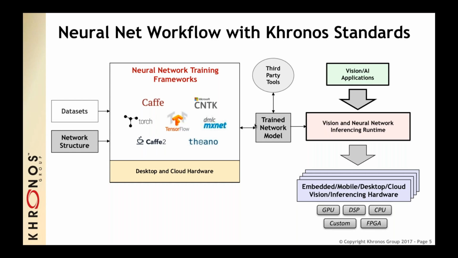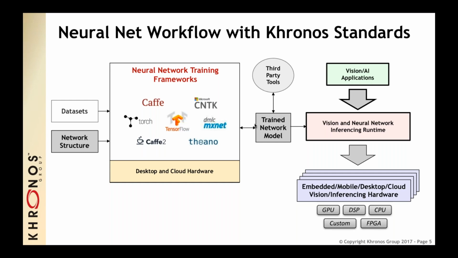You pick a data set, pick a structure, and then there are a lot of choices to pick a training framework. I think if you Google it, you'll find more than a dozen of them. I just listed a few of them here. You pick one of those frameworks to train a neural network, and you pick corresponding hardware. At the end, what you get is a trained neural network model. It may take a week or days, depending on the complexity and how big your data set is. And it's an offline process.